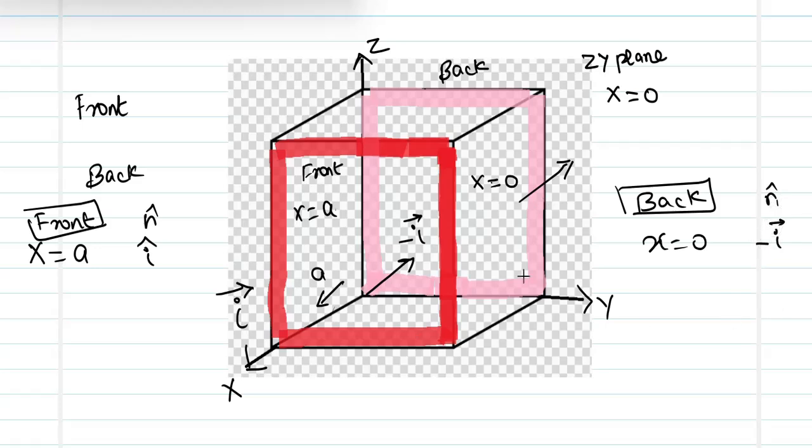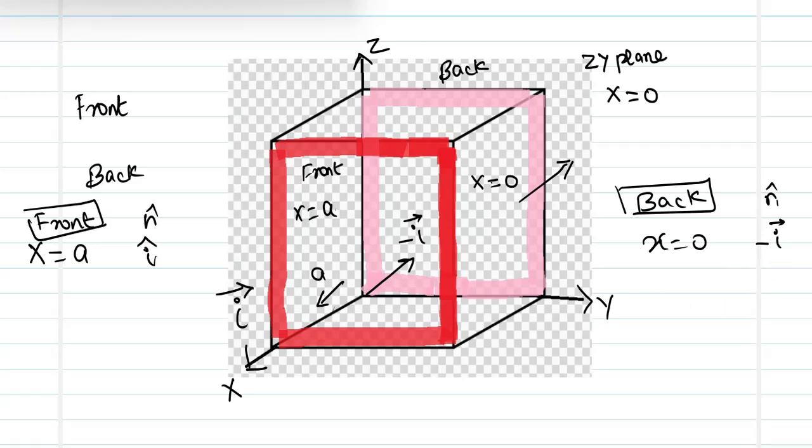So we have defined the front face as x equal to a, and the back face as x equal to 0. The unit outward drawn normal for x equal to a is the positive i cap, and for the back it will be equal to minus i.